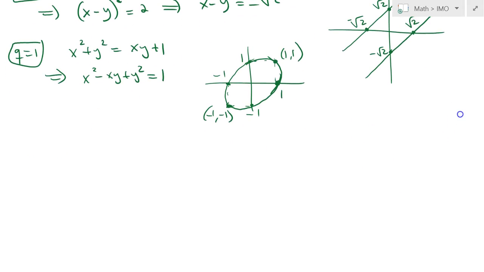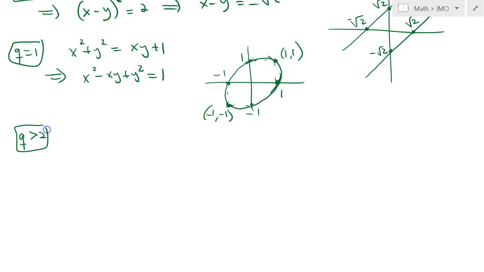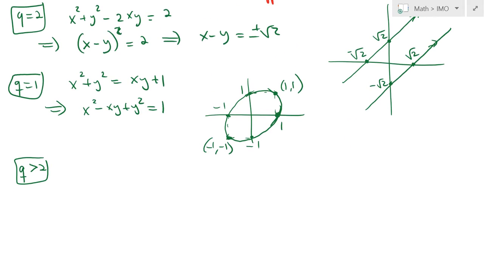Finally, you realize that if q is strictly greater than 2, that's the case which is quite interesting, and this is the case where we have our problem here. In our case we would have x squared plus y squared is equal to q times xy plus 1, where q is strictly greater than 2.